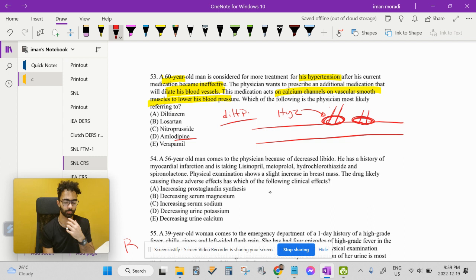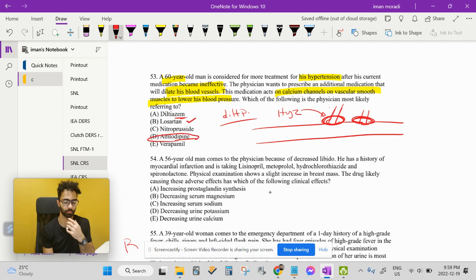Contrasts with your diltiazem and verapamil. Diltiazem is a non-dihydropyridine type. So the non-dihydropyridine types work in the conductive tissue of the heart.